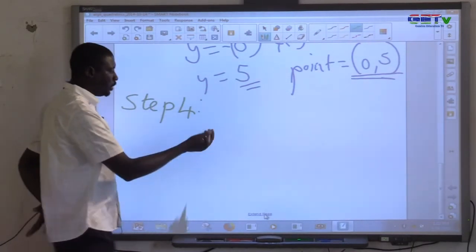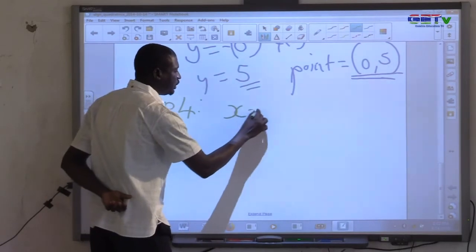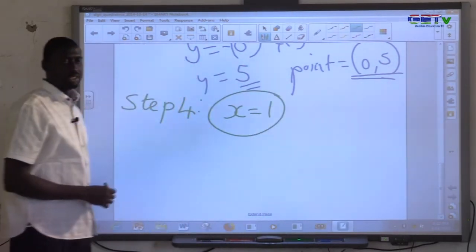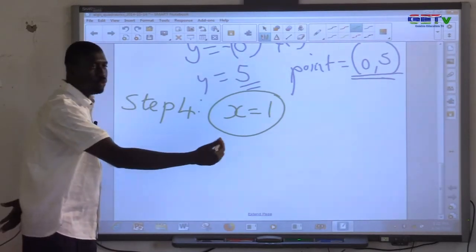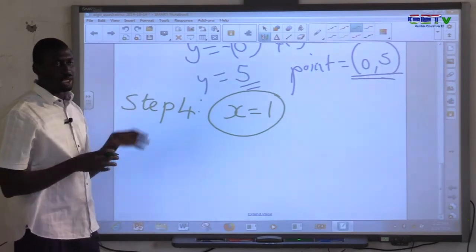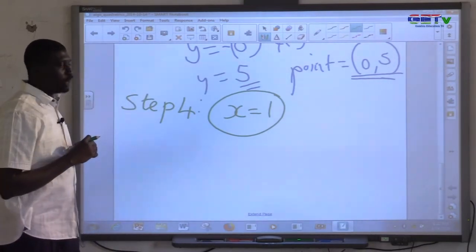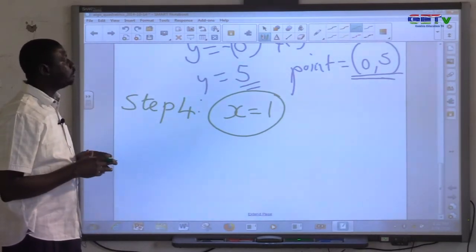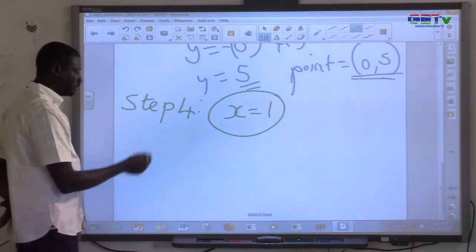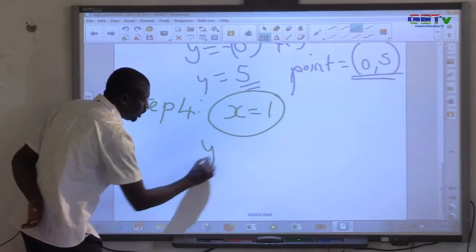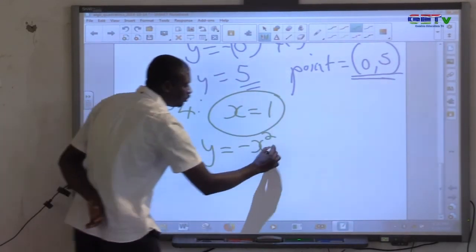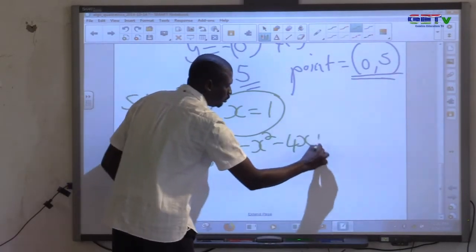So we'll pick points. Let's say when x is equal to 1, what will be our y value at that point? And when x is equal to 2, what will be the y value at that point? Those 2 coordinate points we will connect on the graph to complete the 1/2 of the symmetric parabola. So when x is equal to 1, y is equal to negative, that's the function, x squared minus 4x plus 5.